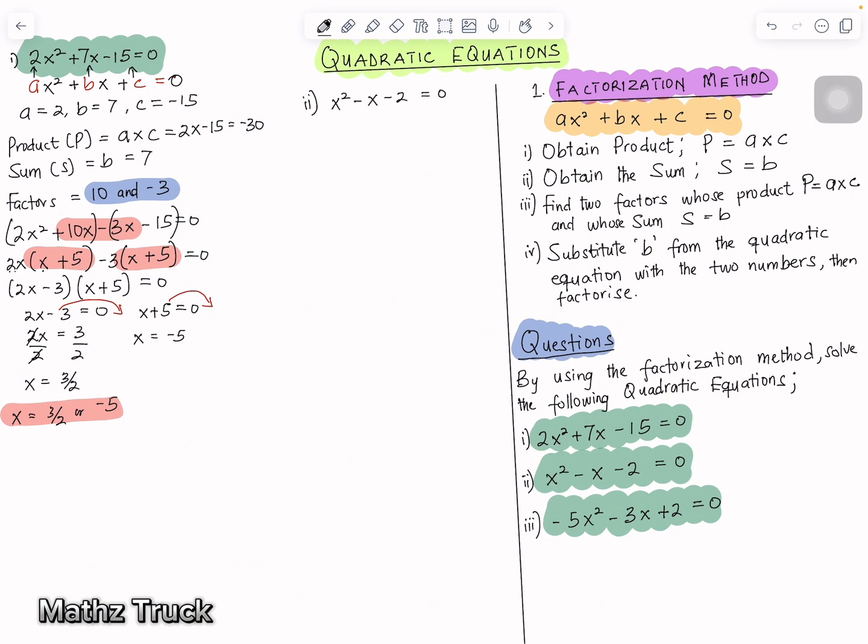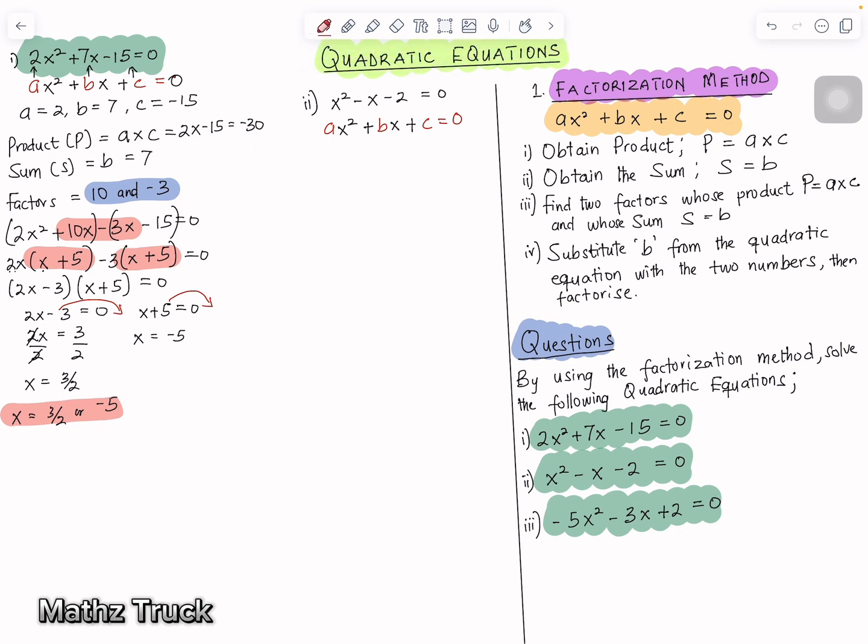First, remember, we have to compare this to the general quadratic equation, which we have as ax squared plus bx plus c equals 0.